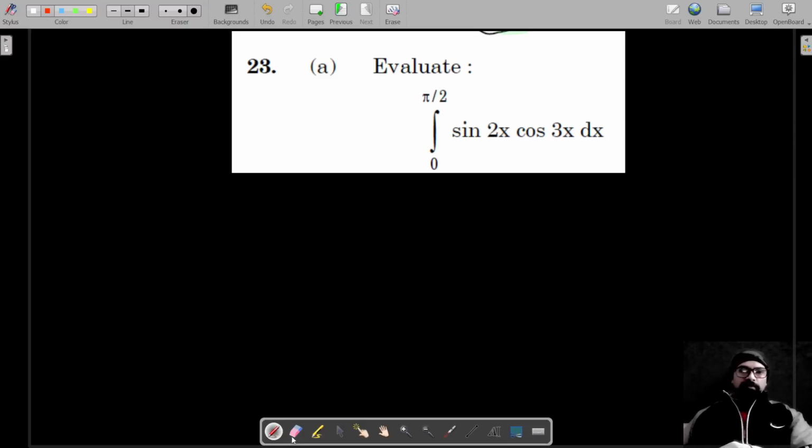Okay, for question number 23, part A, we have to evaluate the given integral. Let's say this is I, and to get this into some known form, let's multiply and divide it by 2.